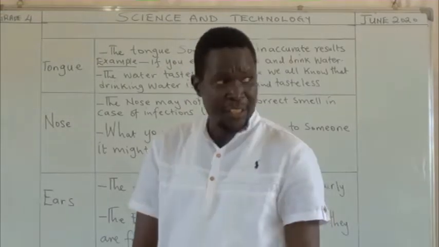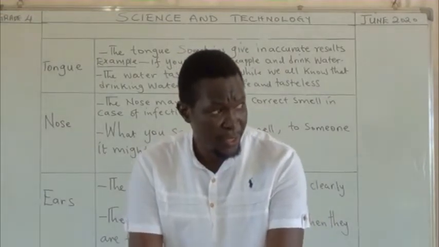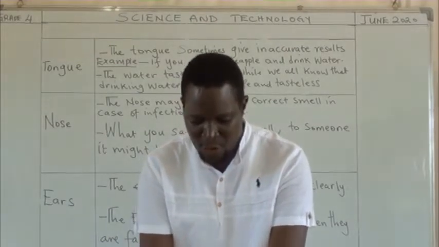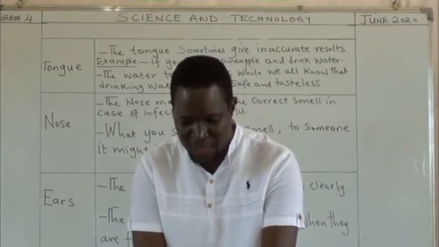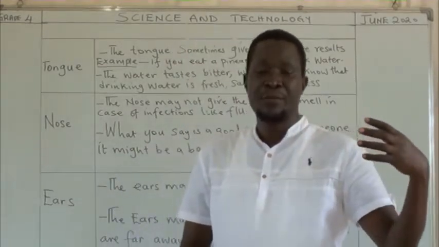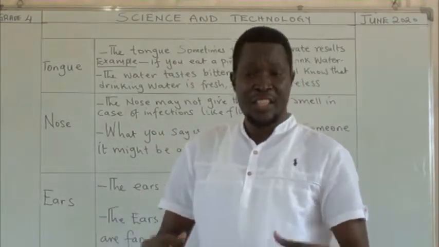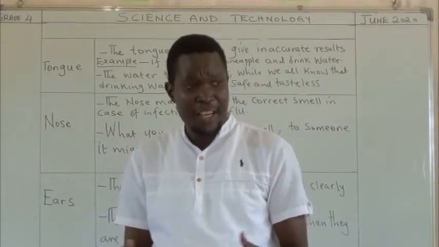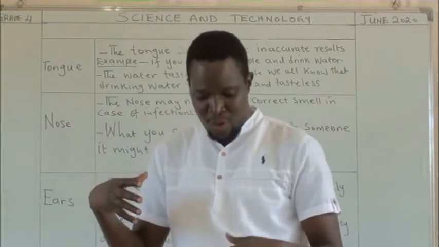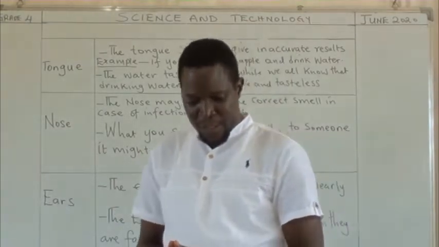Next, we talk of the skin. We learned that the skin is a sense organ for touch, right? It helps us to understand our environment. It helps us feel the temperature in the environment when something touches you, and then you are able to detect that, right?